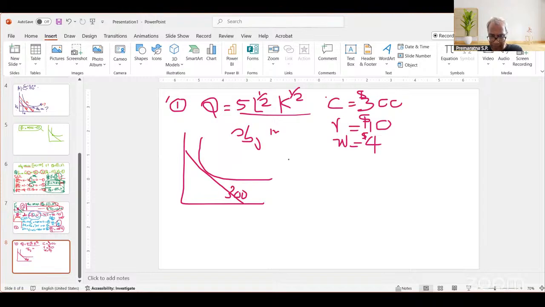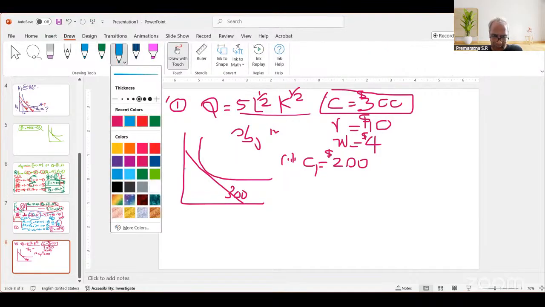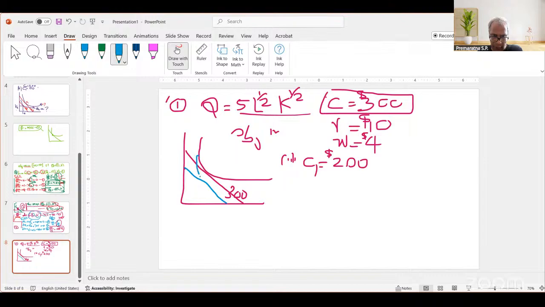Do it, and the second part of the question, do after the lecture: if the budget is cut by $100, the new budget is now 200. You find the same thing, and how many units of output are produced, Q2 and Q1. That also you have to find.